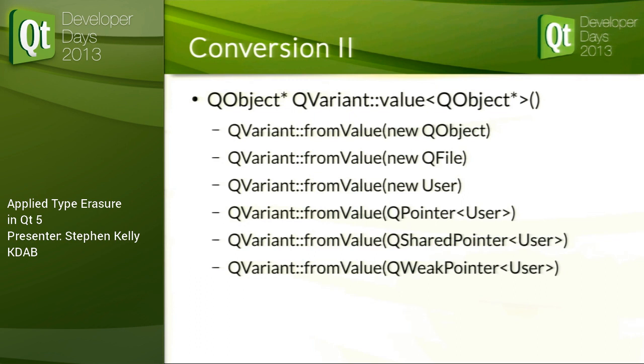Not only that, but if you're using any smart pointer from Qt and putting that into a QVariant, my text template system can also handle that because that's built into Qt5 now. It sees that the template type user inherits from QObject, and it sees that that is part of a QSharedPointer or part of a QPointer, QWeakPointer, and then it can extract that as QObject star.